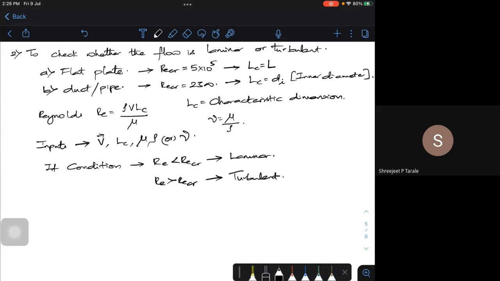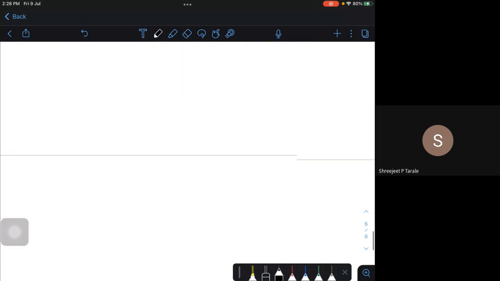So I can put an if-else if condition. Under these conditions, I will be able to calculate and tell the regime of the boundary layer of the plate, whether it is laminar or turbulent. I can easily tell. So this is the second type of problem you may get.